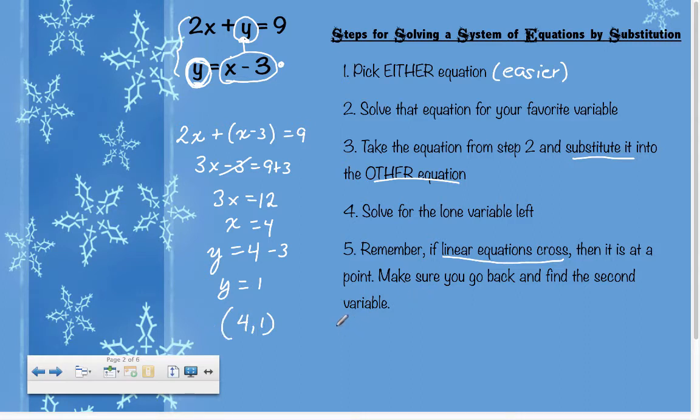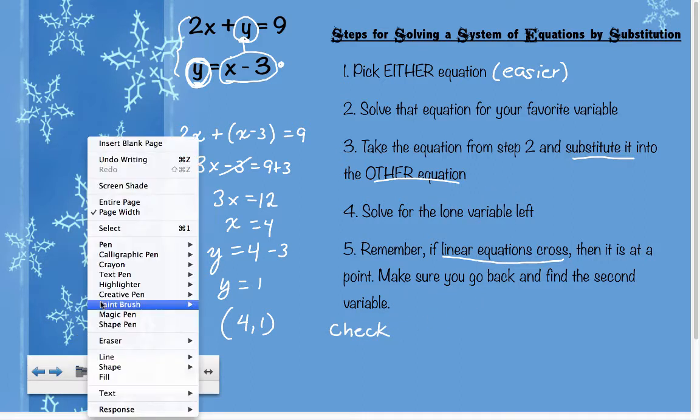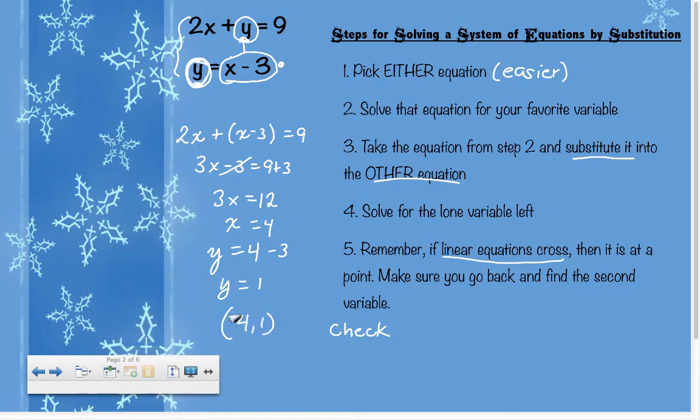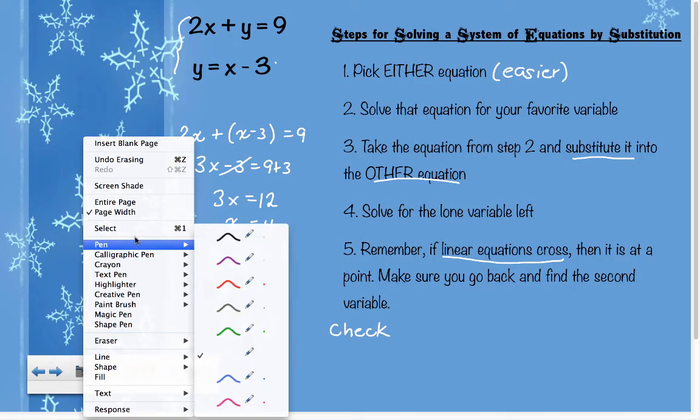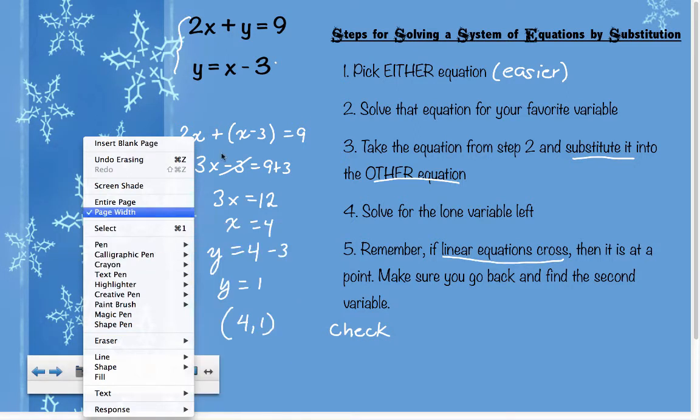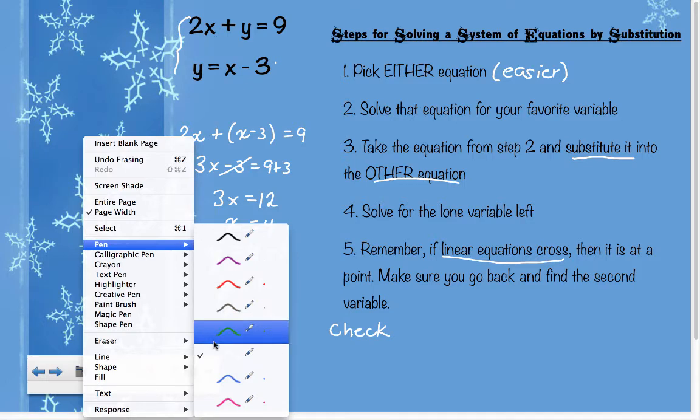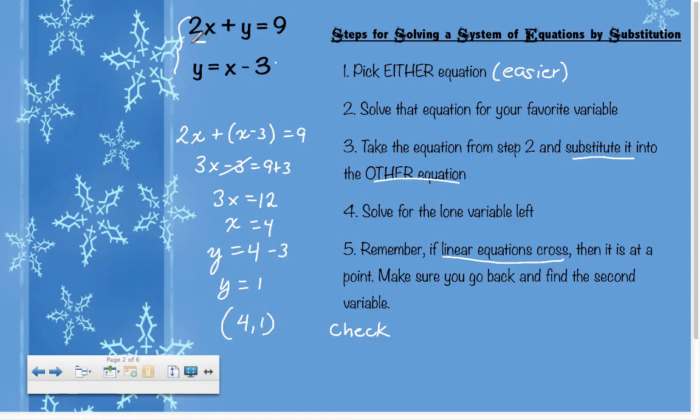Now the last thing you should always do is check to make sure your answers work in both equations. So let's clean these up a little bit so I can see what my equations are. For the first equation, if I double my x value and add y, I should get 9.